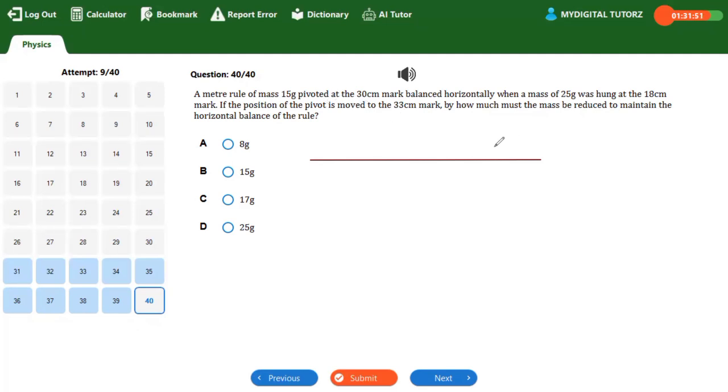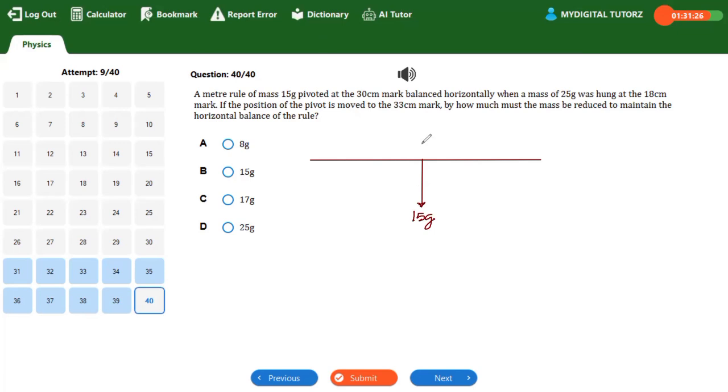And for a meter rule, it is always at the middle. So since the meter rule is 15 grams, we locate our mass here, at the middle.